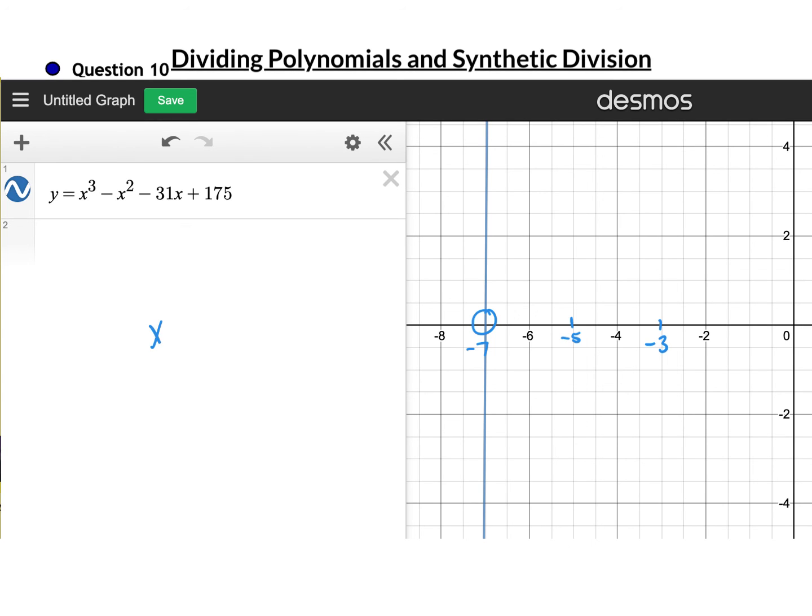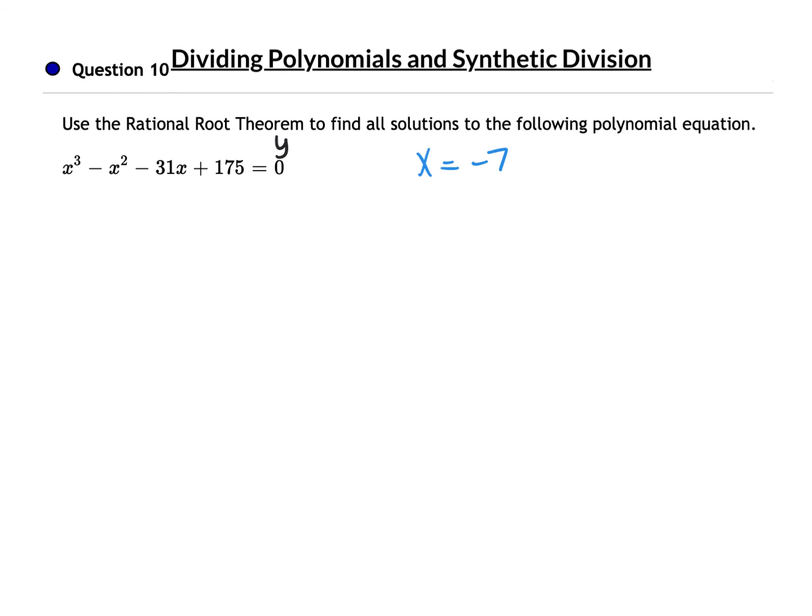So we're going to try x equals negative 7. We'll write down our 0 and our coefficients in descending order. Make sure you have something in each spot. 1, negative 1, negative 31, and 175.